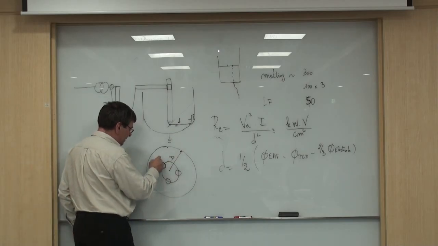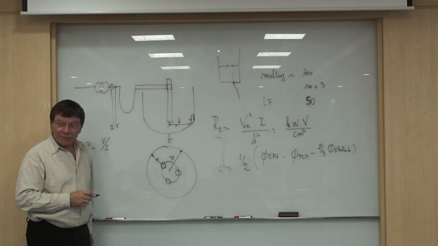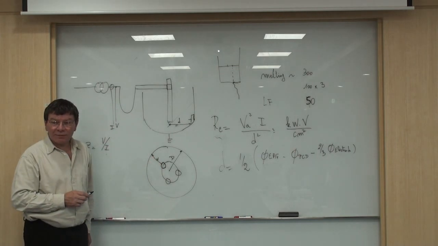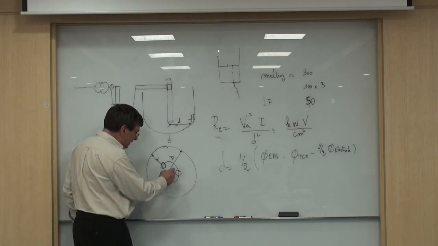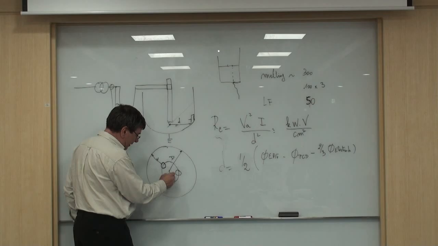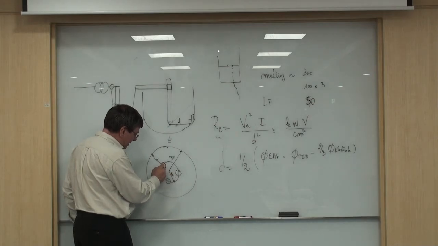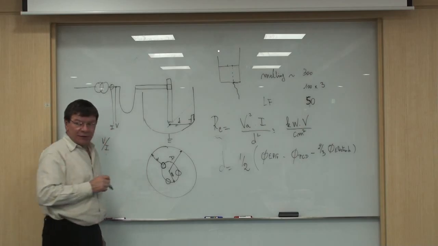And this is the distance, D. So you have to take D minus PCD, minus, because the arc is here, minus 2/3 of the electrode diameter.